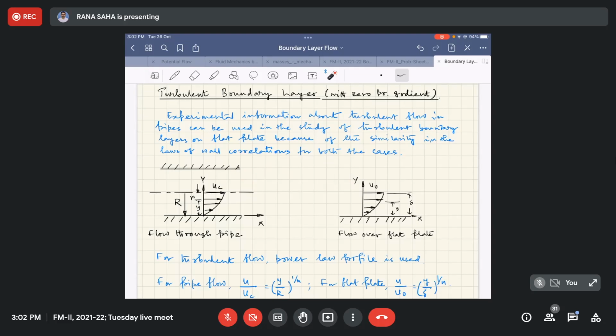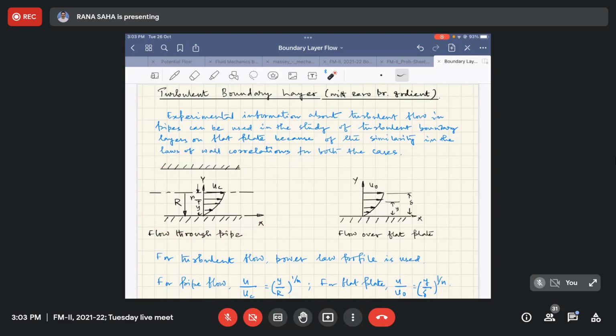In case of a pipe, you have the boundary of the pipe, where due to the no slip condition the velocity is zero, and it gradually increases and reaches the maximum, because after that it will be affected by the boundary on the other side. So it's a radial direction. If you take the cross section, it will be like this schematic shown here.